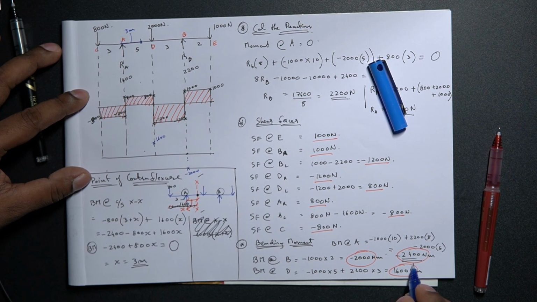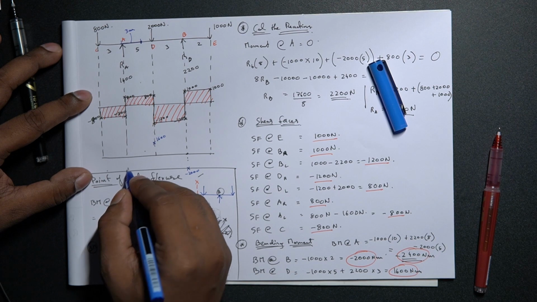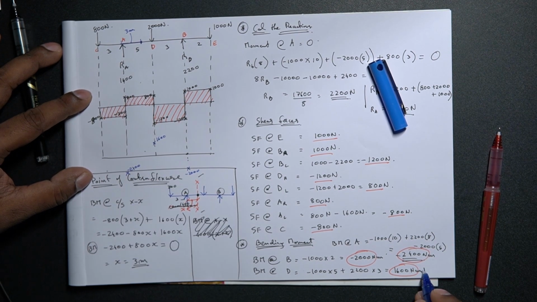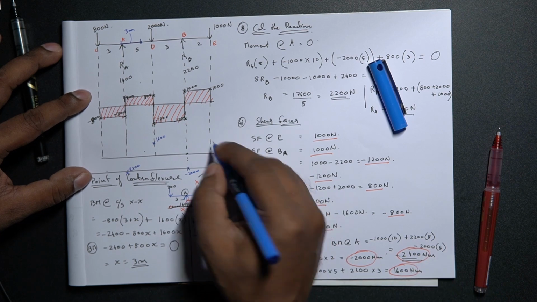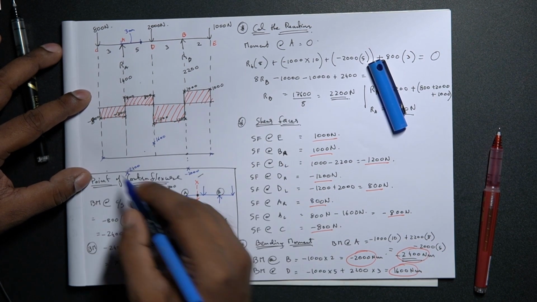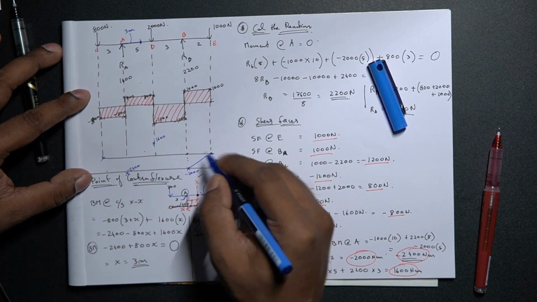Then we have the bending moment at A as minus 2400. And the bending moment at point E and point C are 0 anyway, so I'll just put that. Now it is linear, the bending moment.